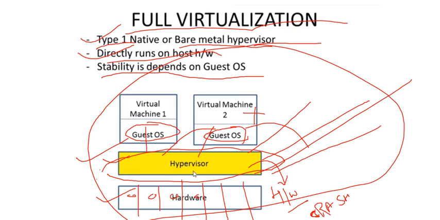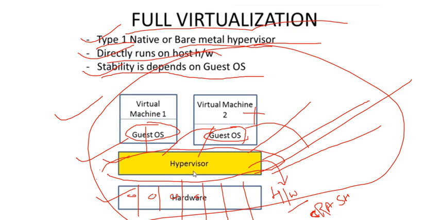So in this full virtualization mode, the stability only depends upon the guest OS. The guest OS should be reliable enough to make this whole system work reliably. If we want the full virtualization system to be reliable, then the guest OS should be reliable.